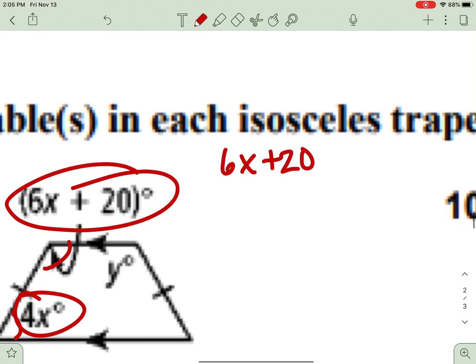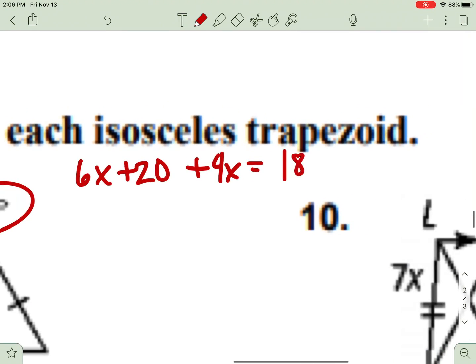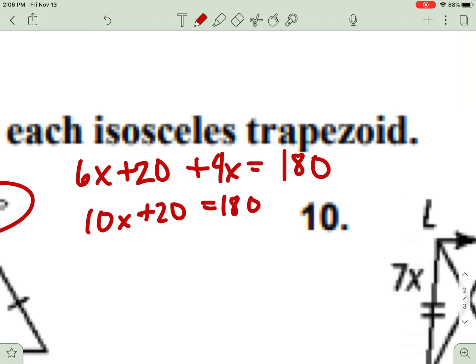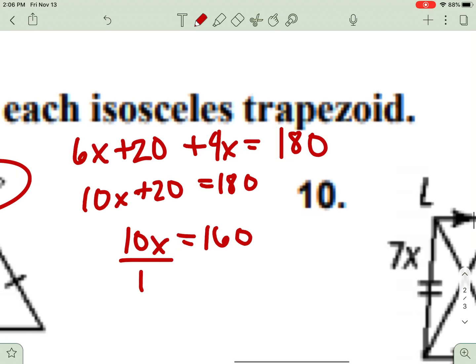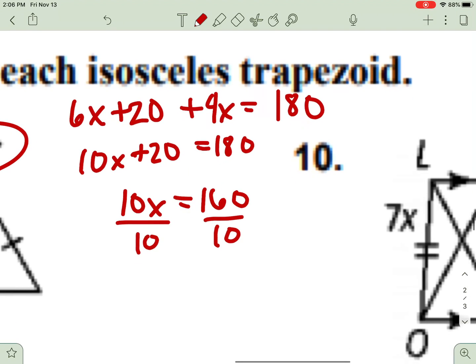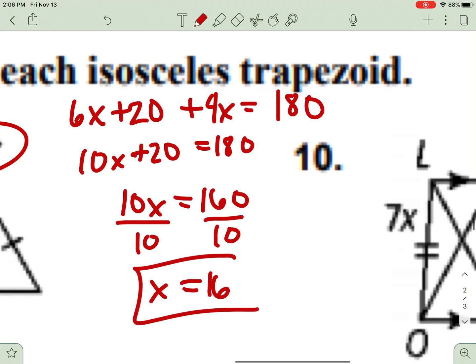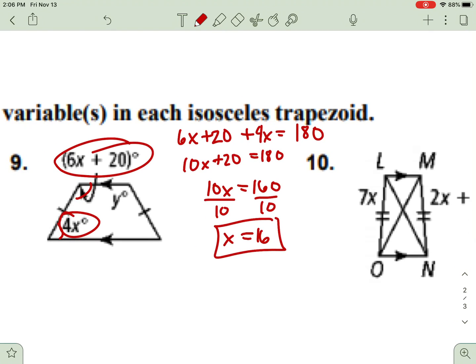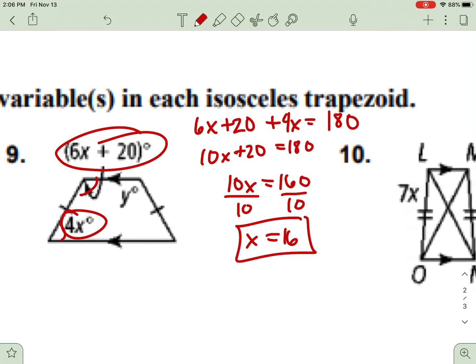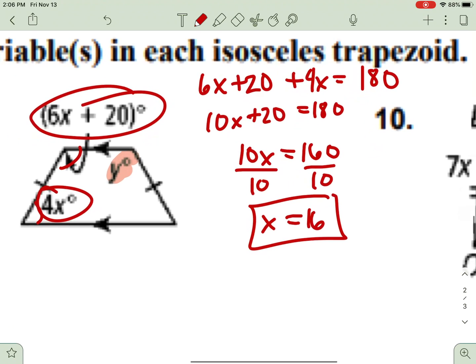Okay, this one, let's see, we know that these are supplementary, so this and this add up to 180. 6x plus 20 plus 4x equals 180. So that's 10x plus 20 equals 180. Subtract 20 gives us 160. Divide by 10 gives us 16. Okay, and then y, which is right here, y is equal to that.